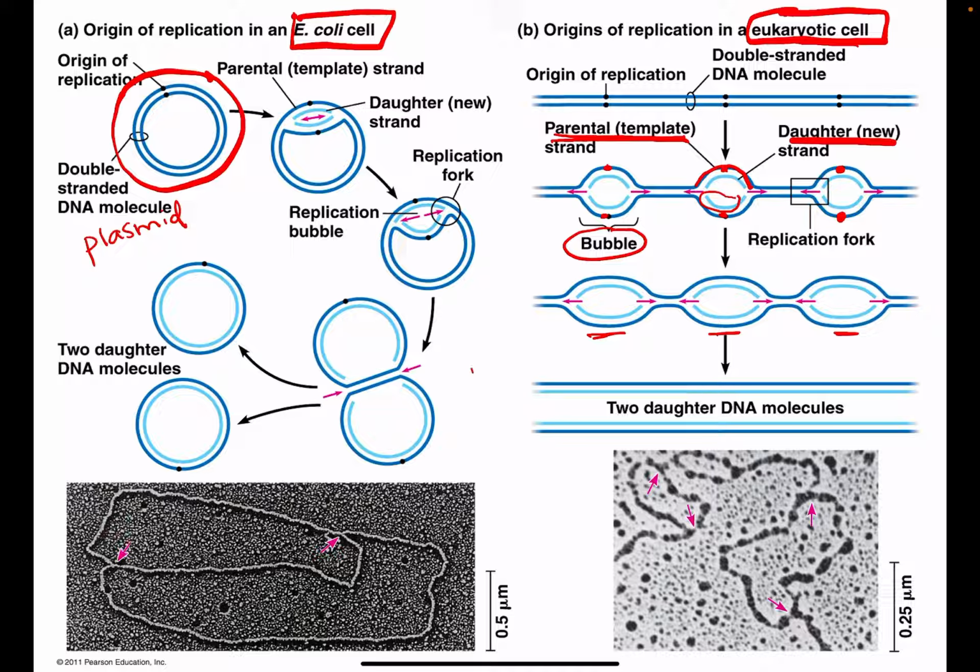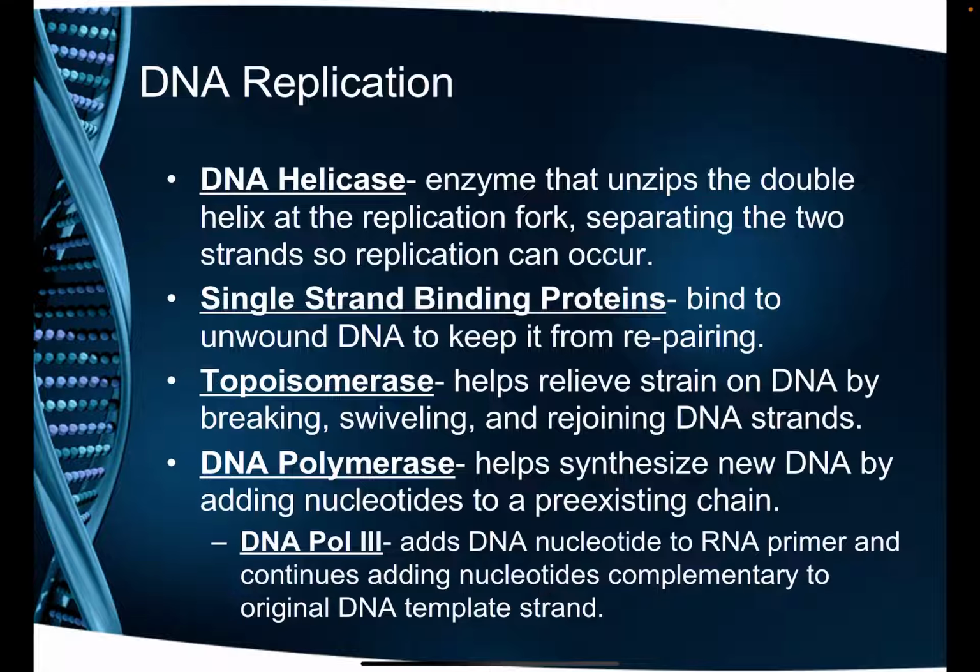It's still double-stranded, but they only have one origin of replication, and so replication is going to happen in both directions until they kind of meet in the middle, and then you'll end up with the two new daughter molecules that are shown here, okay? So, little differences there again between the prokaryote and the eukaryote cell.